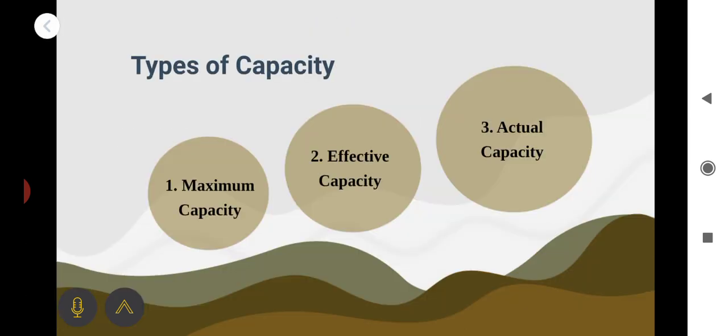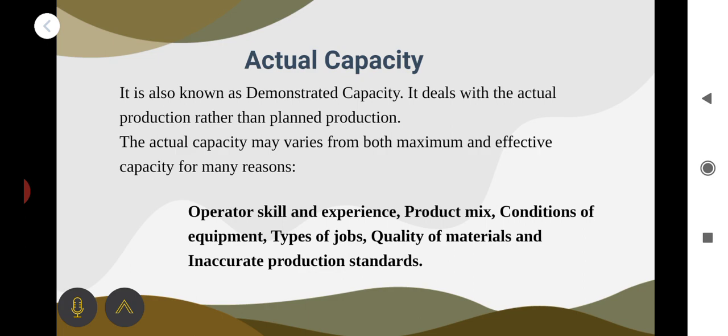Then the third important one is actual capacity. It is known as demonstrated capacity. It deals with actual production rather than planned production. We are planning something, but we are getting something. What we are getting, that is actual.